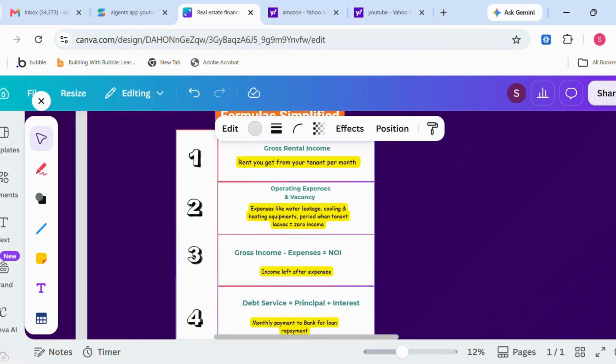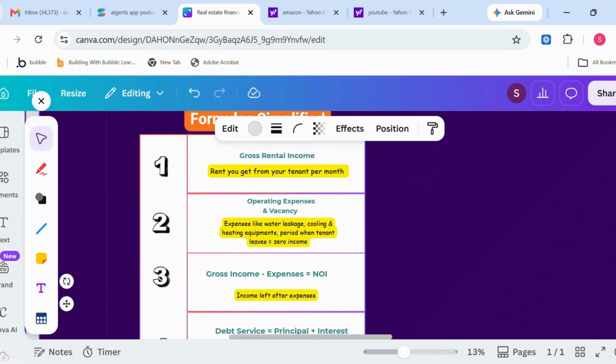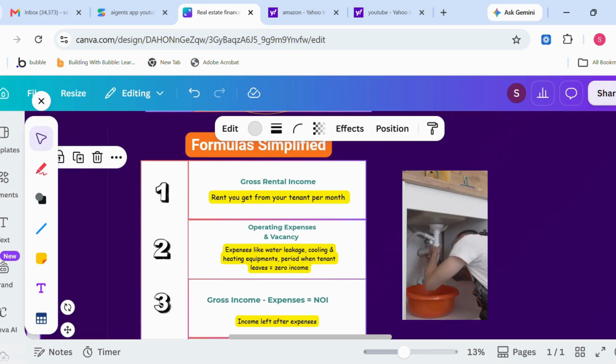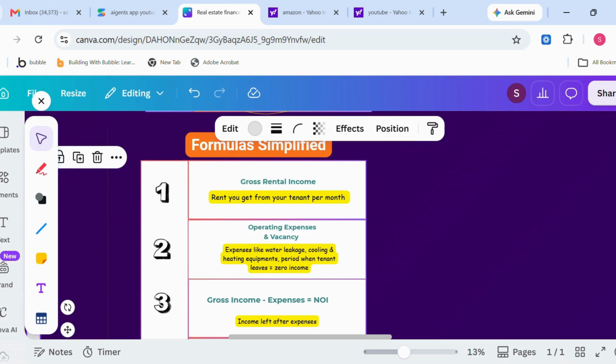So here's how the math actually works. We'll go step by step. So at the top is the gross rental income. It's just the rent you receive from your tenant per month. Expenses like water leakage, cooling, heating equipment, a period when the tenant leaves equal to zero income for you, right?